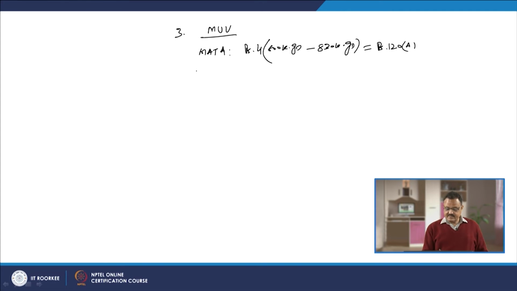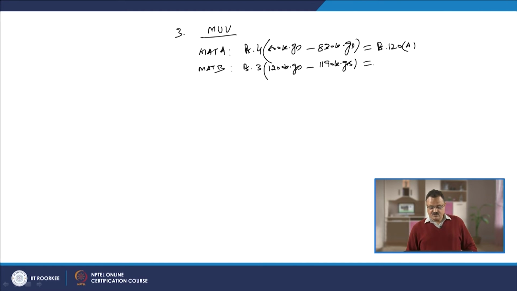So material B will be rupees 3 into the standard quantity, which is 1200 kgs, minus the actual quantity we have used, 1190 kgs, right. So the variance has become 10, and into 3 it is rupees 30, and this 30 is going to be favorable, right.